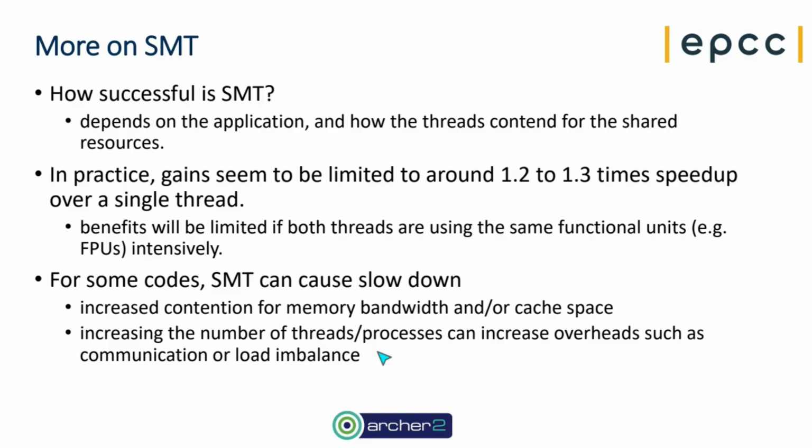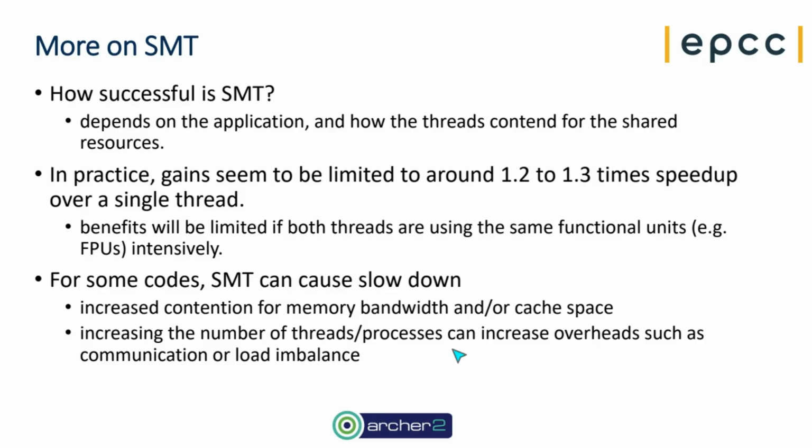And if you do that, what tends to happen is that the overheads associated with that additional parallelism, such as additional communication or additional load imbalance, actually outweigh any benefits that you get. So for that reason, we typically don't use it by default.